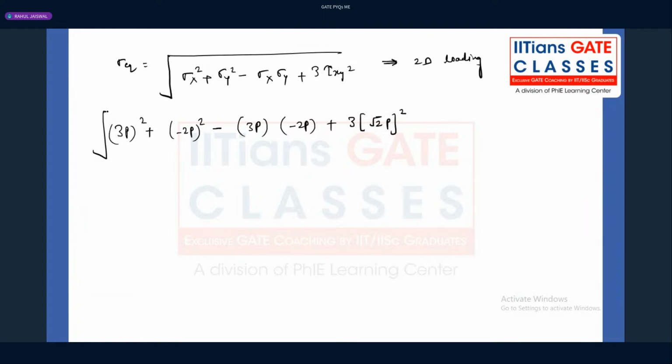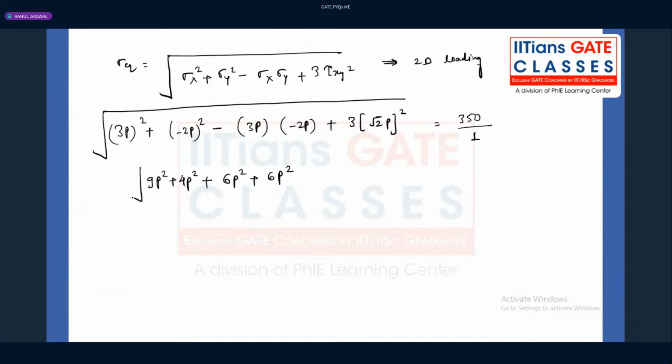That we are taking under root of that, and that we are equating to what? Sigma yt. What is the sigma yt? 350. What is the factor of safety? 1. So if we try to calculate here: 9p square plus 4p square plus 6p square plus 6p square.